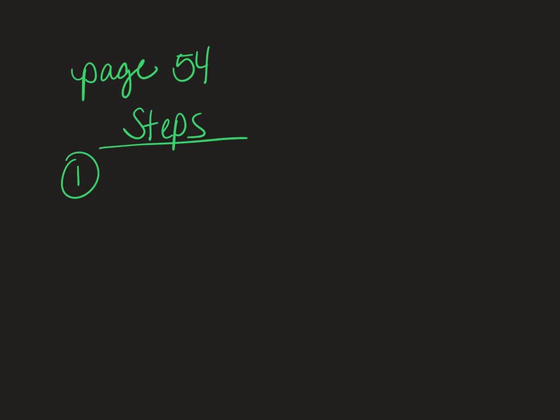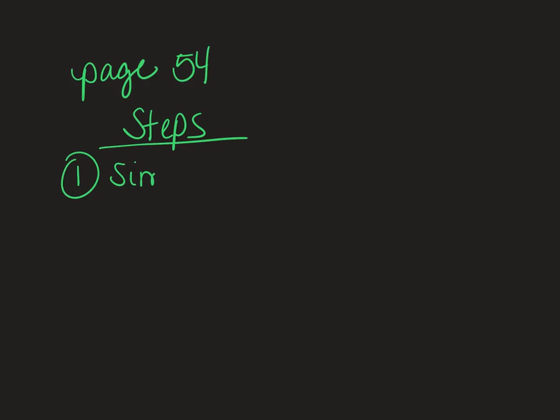Everybody look on page 54. This is your steps on page 54 at the very bottom. Here are the steps that you're going to follow. Step 1, of course, is to simplify.